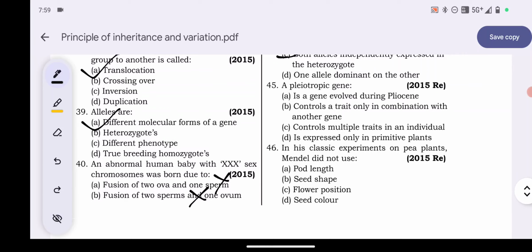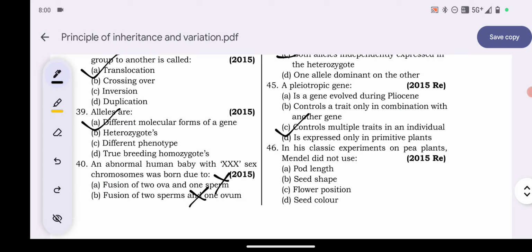So a pleiotropic gene controls multiple traits in an individual, option C will be your answer. Explanation: when a gene affects many aspects of the phenotype or controls several phenotypes, it is said to be a pleiotropic gene. So option C is the correct answer. Next question 46.